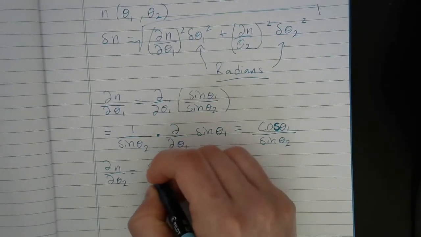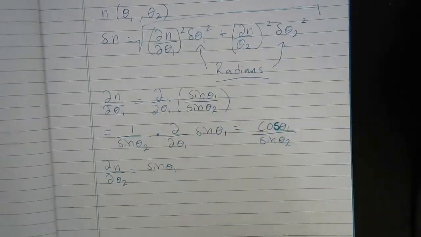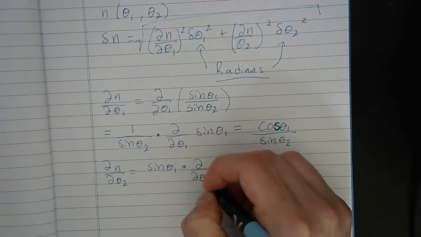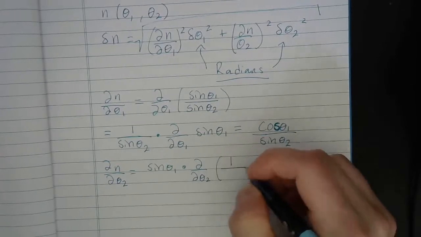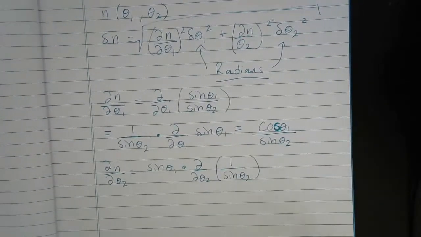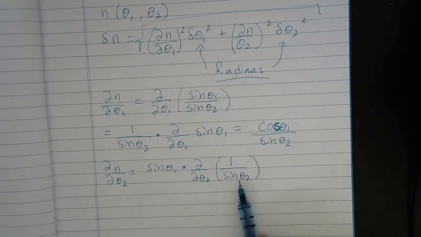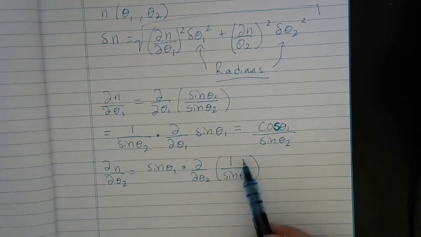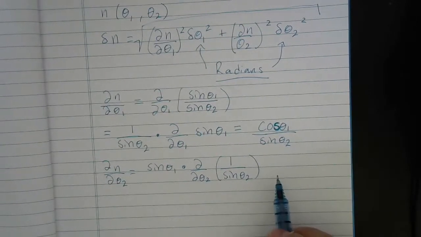So I'm going to write sine theta 1 out in front times the partial derivative ∂/∂theta 2 of 1 over sine of theta 2. Now there are different ways you can approach this. The way that I like to approach it is to write 1 over sine theta as sine to the power of -1.